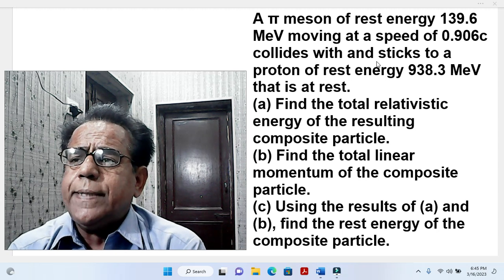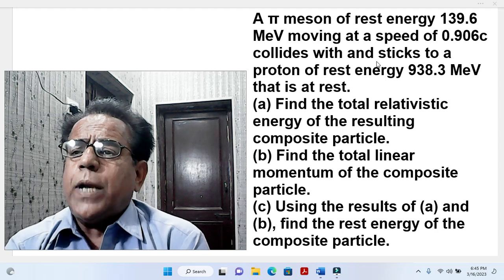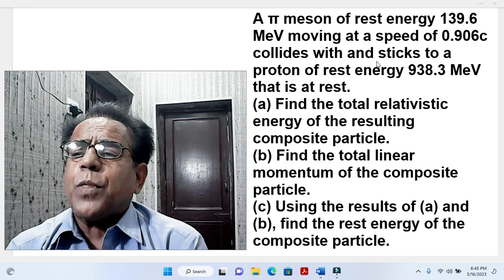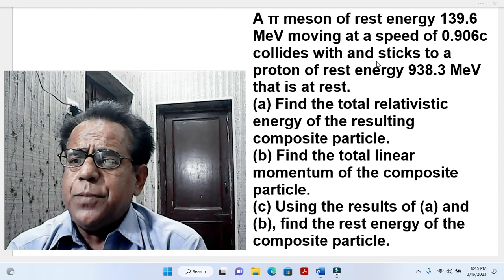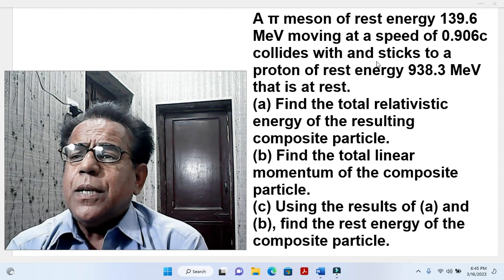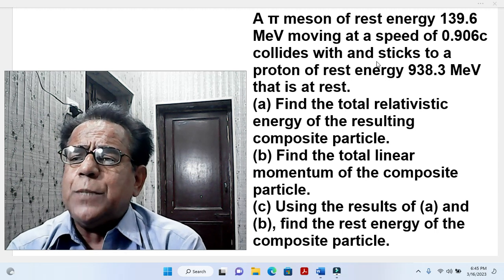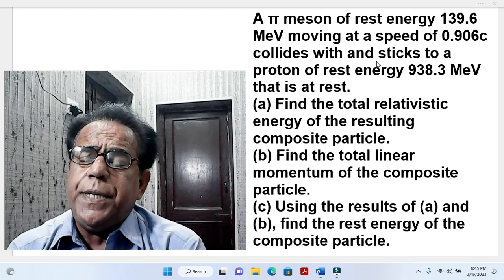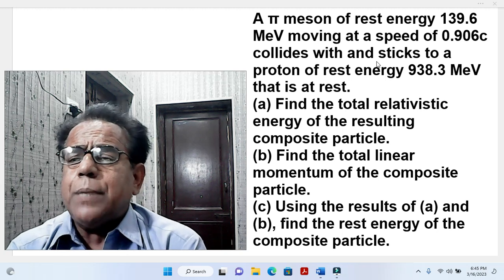So dear students, here two rest energies are given, one speed is given, and it is given that the colliding particle, that is proton, is at rest. So in case of rest, momentum is zero.